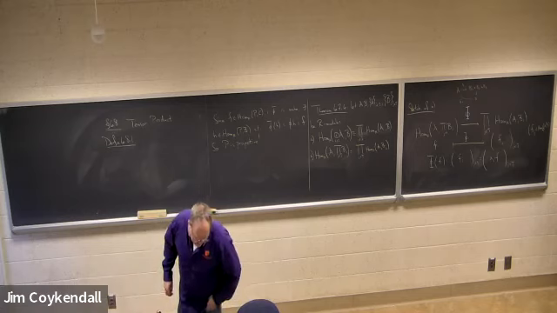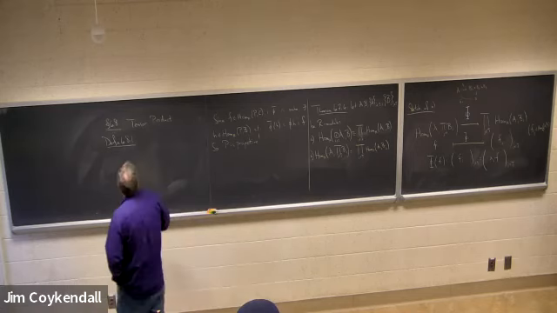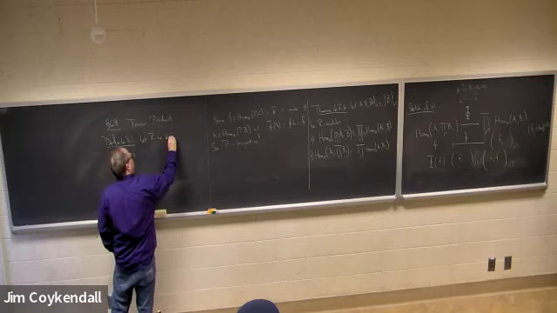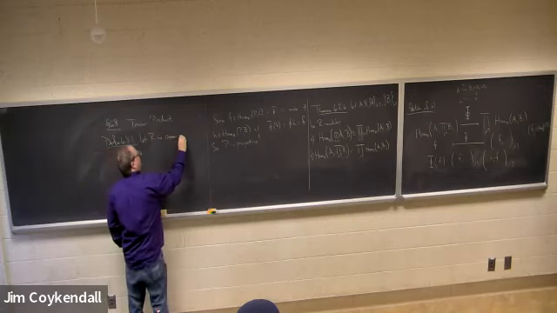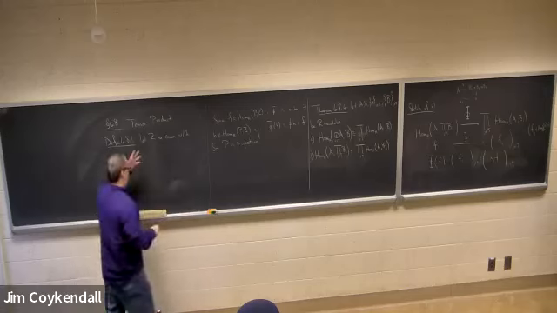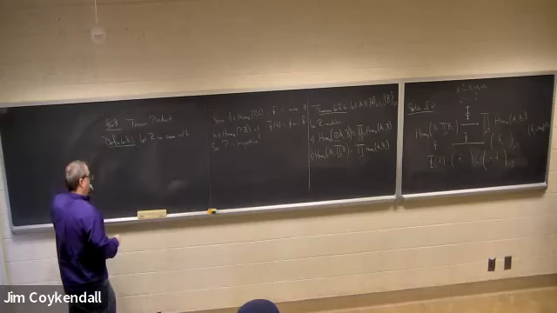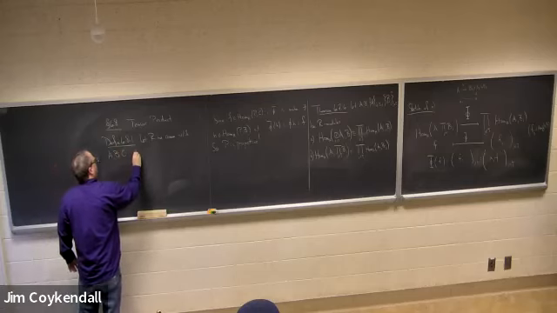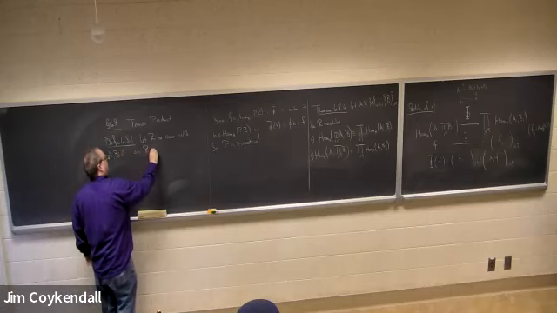So let A, B, and C be R-modules. I'm going to always assume this just to make my exposition easier. Let R be commutative with identity, and A, B, C be R-modules.